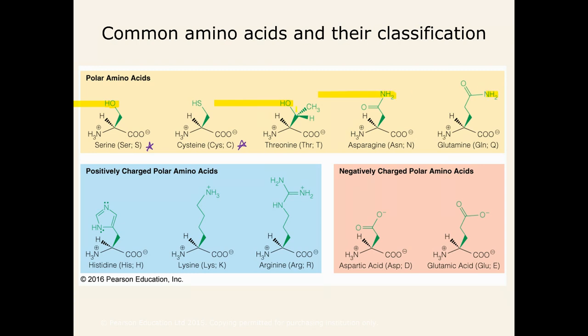SH is also polar, but that's just a dipole-dipole because it doesn't fall in the category of hydrogen bonding. Okay, remember hydrogen bonding: OH, NH, or FH. And so these would be definitely hydrophilic. And if we're talking about later how amino acids can interact with water, these would be highly interactive with water.